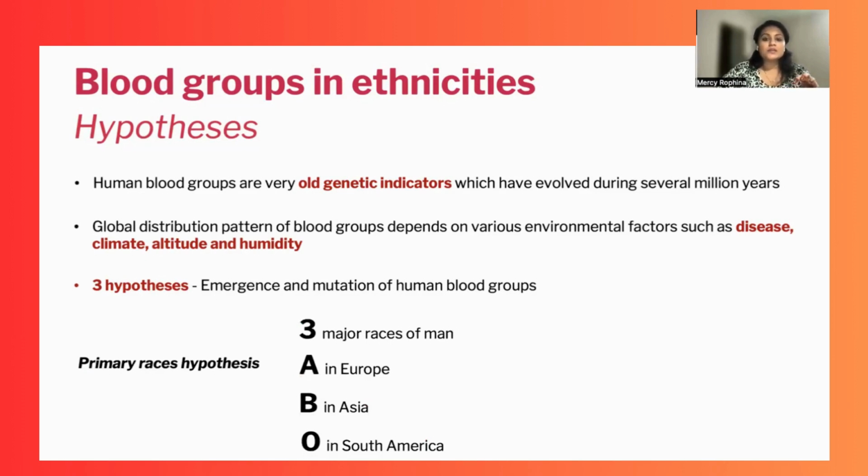It says that blood group A is found predominantly in Europe, whereas in Asia, the predominance of blood group B is seen. When we come to South America, the O blood group is the predominant one. So the primary races hypothesis states that with respect to geographical distribution, the type of blood group which is predominantly seen in that area also differs.